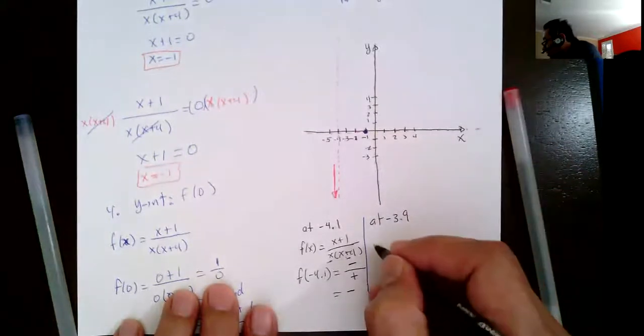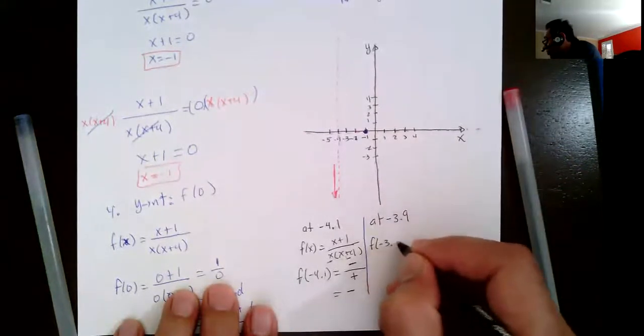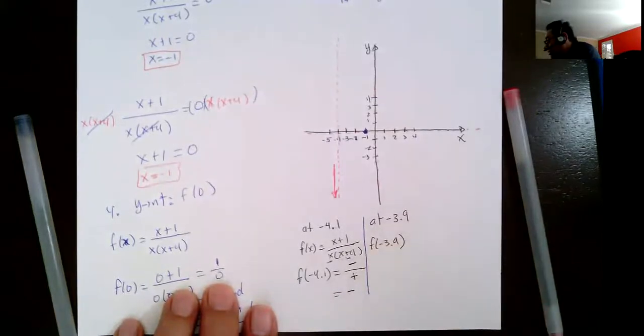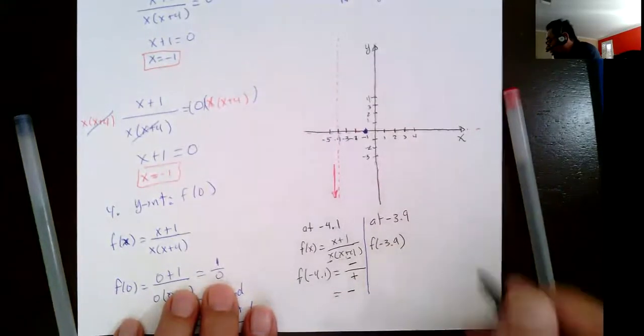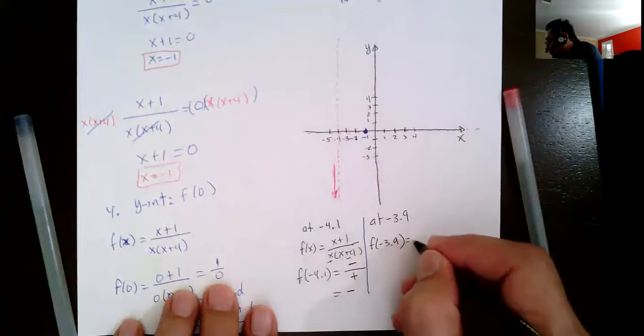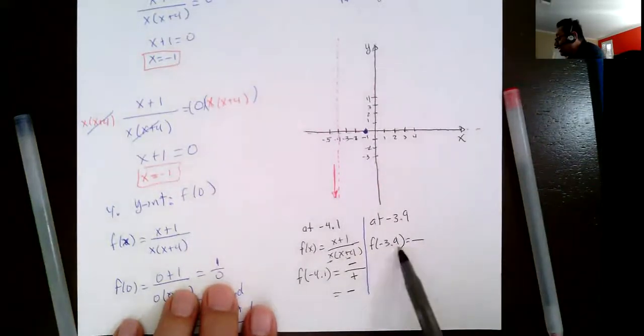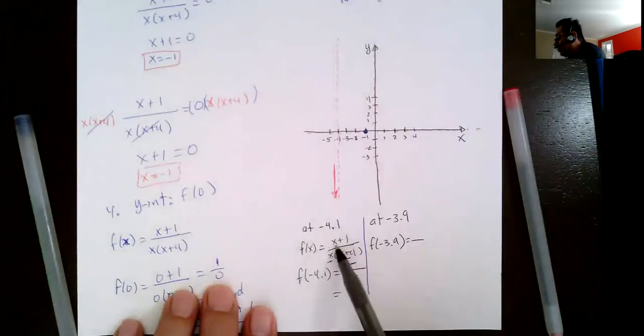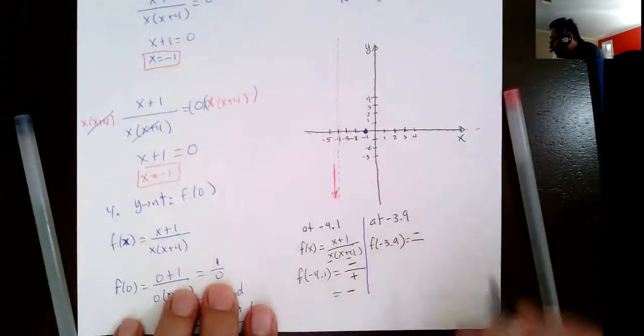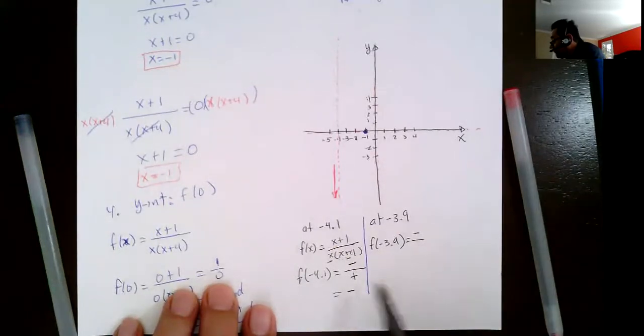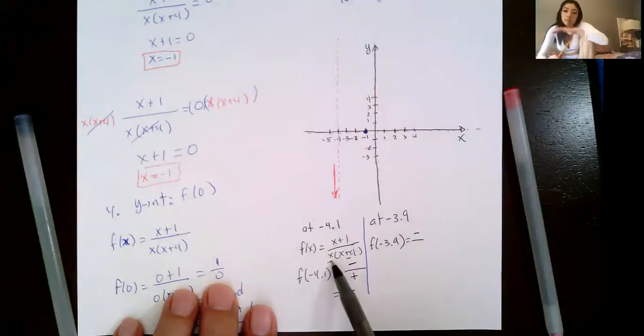So let's evaluate f of negative 3.9. We care about the signs only. Okay, let's plug in negative 3.9 in the numerator here. What will be the sign in the numerator? Negative. Negative, okay, very good. What about in the denominator? Positive.